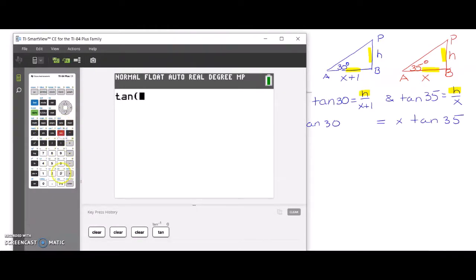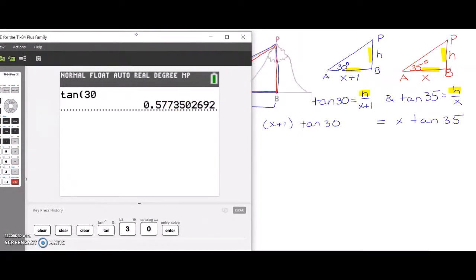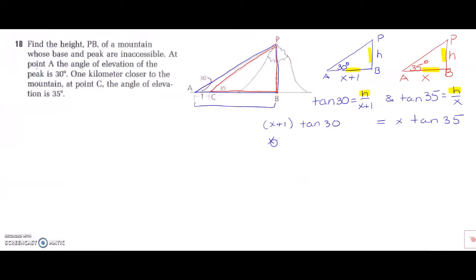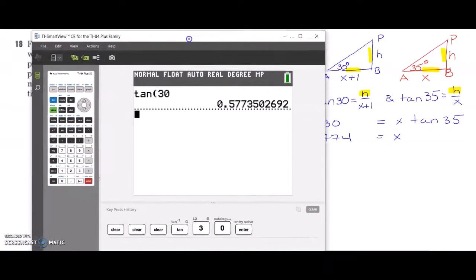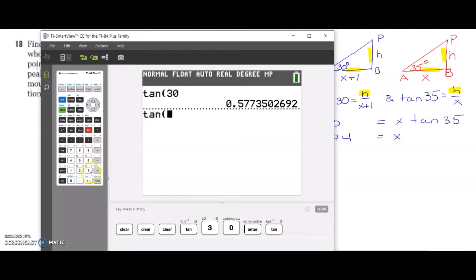So the tangent of 30, and it's pretty traditional just to round to 4 decimal places. So x plus 1 times 0.5774 is equal to x times the tangent of 35, which is 0.7002.